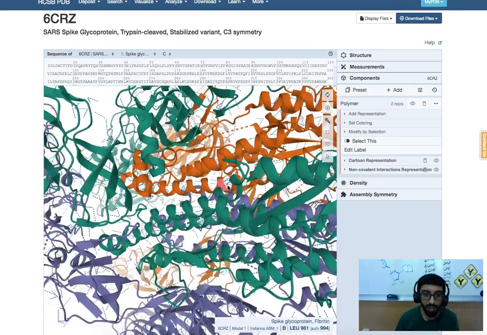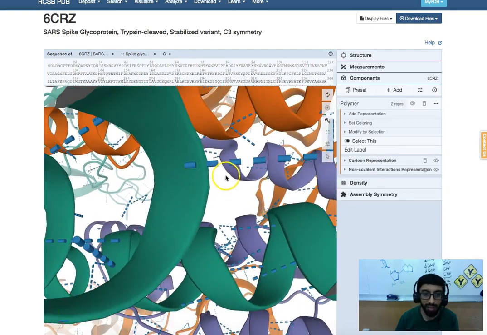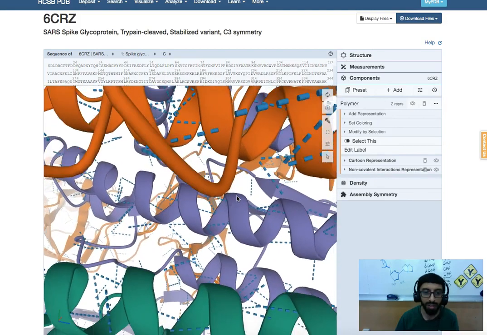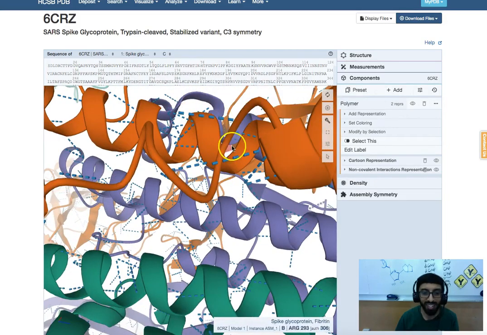If I just zoom in on any one of these, let's say we're going to look at this alpha helix, oh, a little bit too close, this alpha helix right here. So I could screen cap it. Hold on. I'm actually going to highlight one of these bonds. All right. And if you look in the lower right-hand corner, you'll see it highlighted. You'll see it described as a hydrogen bond.